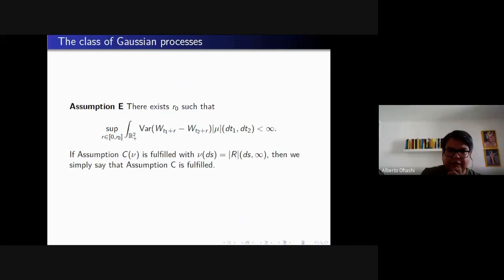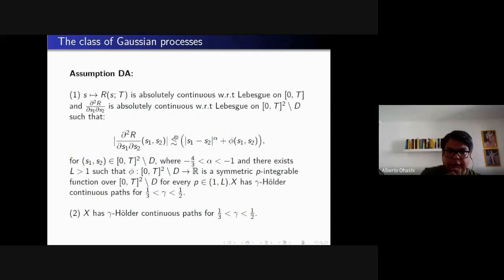Okay, so there are some technical assumptions in the sense of the variance. And also we need some growth conditions with respect to the second order derivative on 0 to capital T, product of the diagonal.